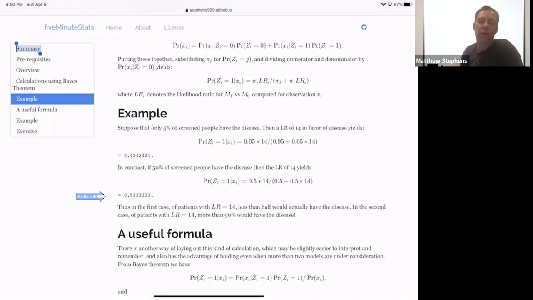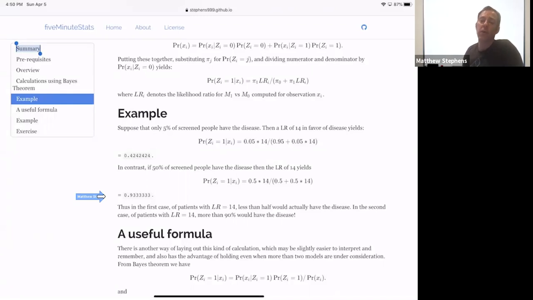If the disease is pretty common among the people you're testing, maybe before the test it's 50-50, then a likelihood ratio of 14 is reasonably convincing. You're 93% probable, after seeing the data, that this individual is diseased.